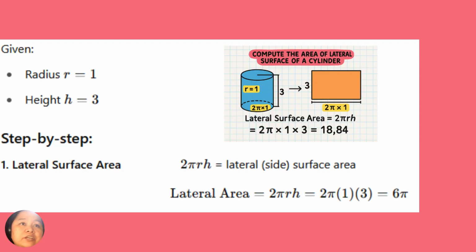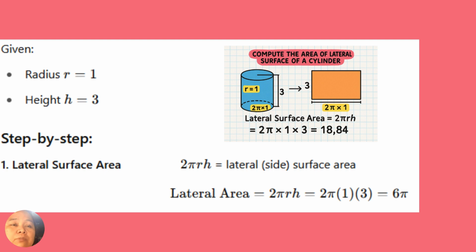So now let's try to solve the area of the lateral surface of a cylinder. For example, we have here a cylinder with a radius of 1 unit and a height of 3 units. So therefore our r is 1, our height is 3. So we will just plug in 2 pi times r, which is 1, and h is 3.